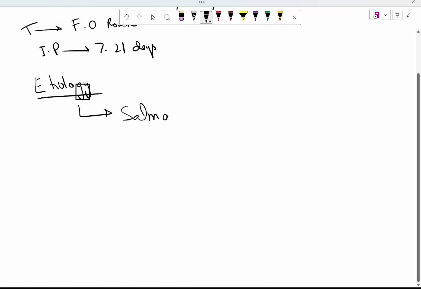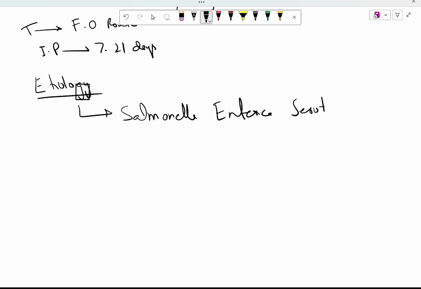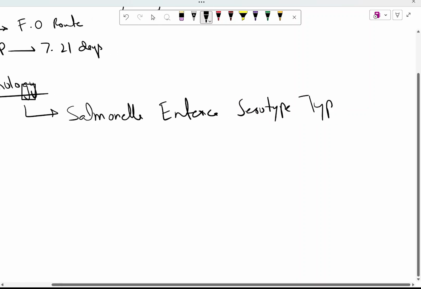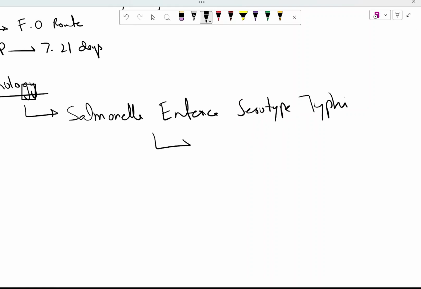The etiology is Salmonella enterica serotype typhi, causing typhoid fever.